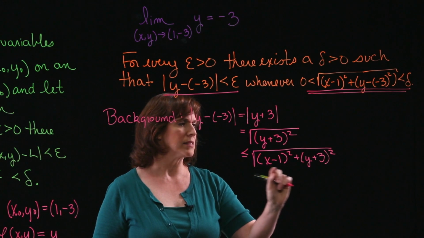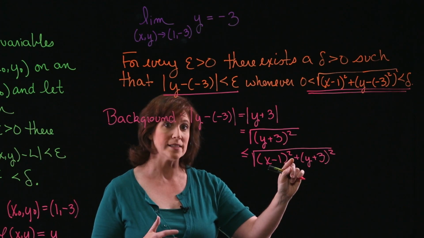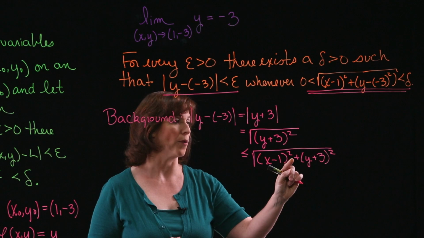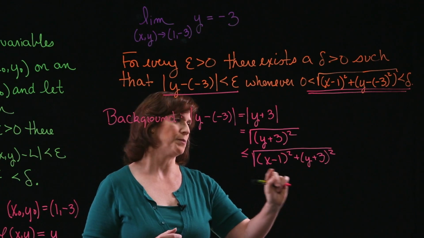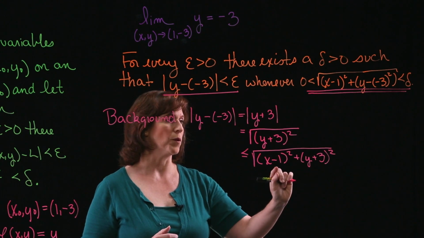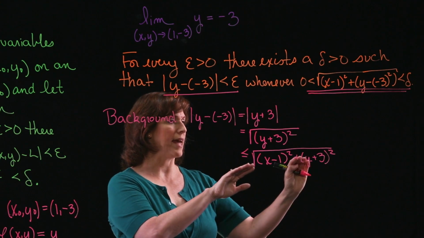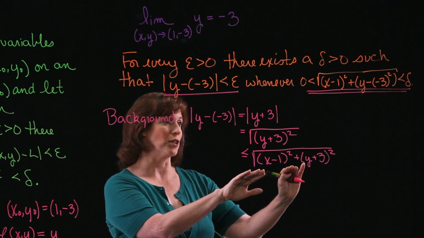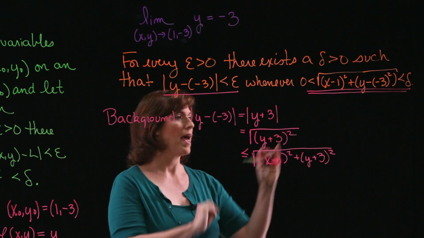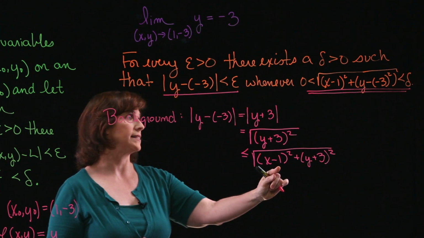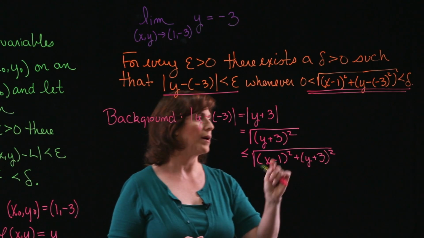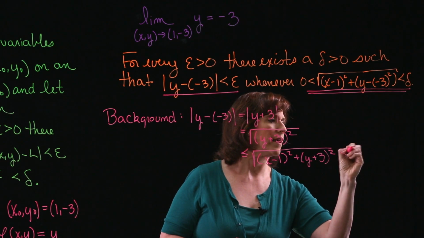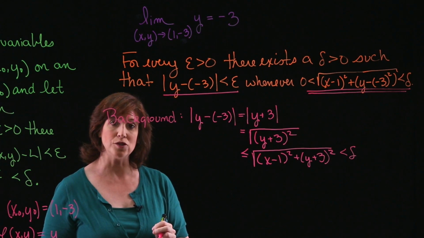Well, I know that (x minus 1) quantity squared is a positive number or possibly 0. So the smallest this thing could be would be 0. That means that this overall expression is going to be larger than the one above it. And take a look at what this thing is. This thing I know is less than delta. That's what I'm allowed to assume.